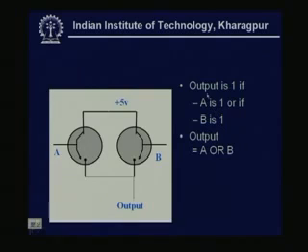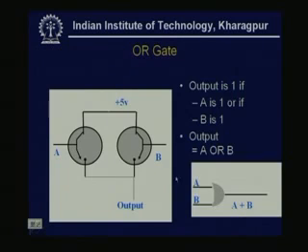So, if we summarize, output is 1 if A is 1 or if B is 1, and output is written as A or B. So, this is my concept of OR gate. How is the gate denoted? The gate is denoted like this notation.